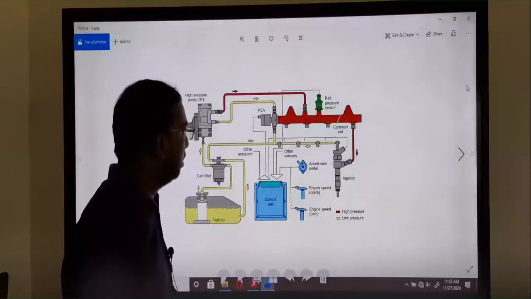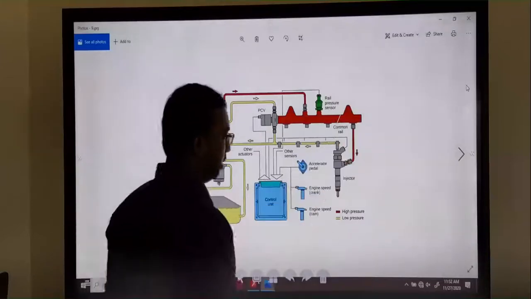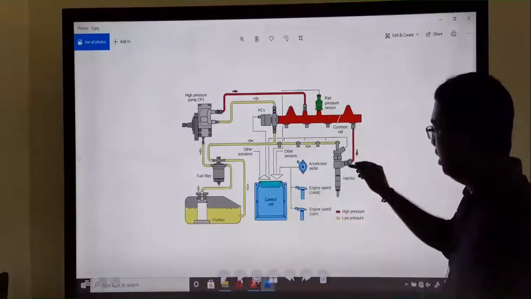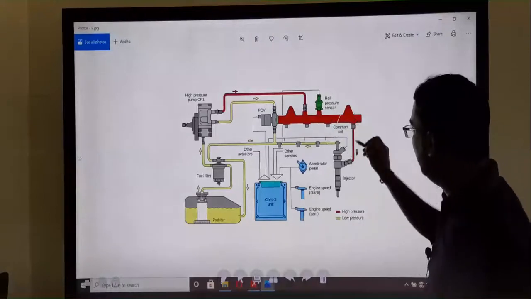This is a sample for one injector, and the common rail is connected to this injector here. So this fuel is supplied like this.